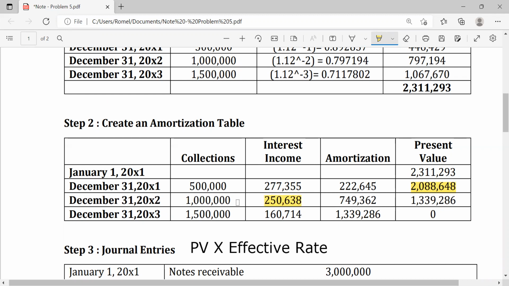So collections minus interest income, our amortization is 749,362. Therefore, by December 31, 20X2, our present value will become 1,339,286.